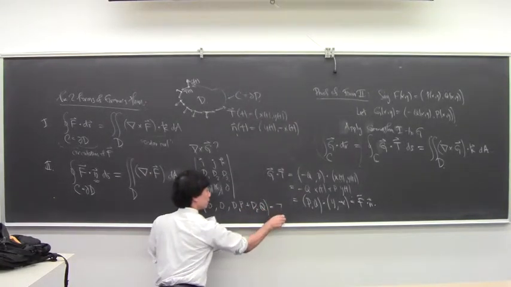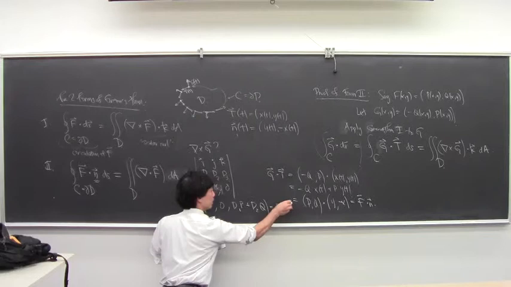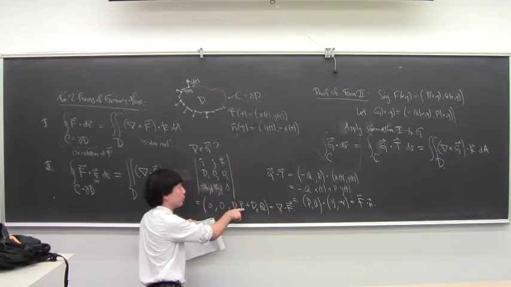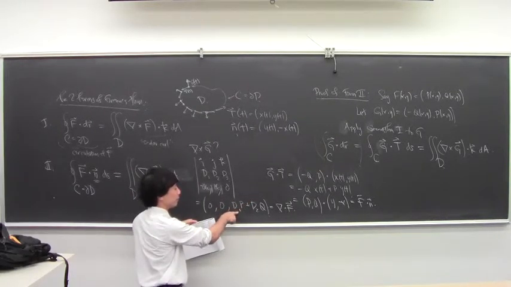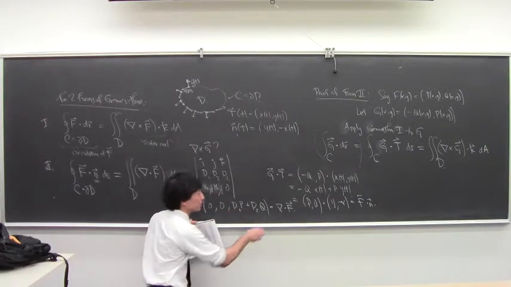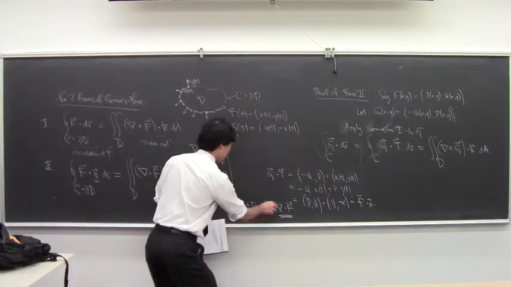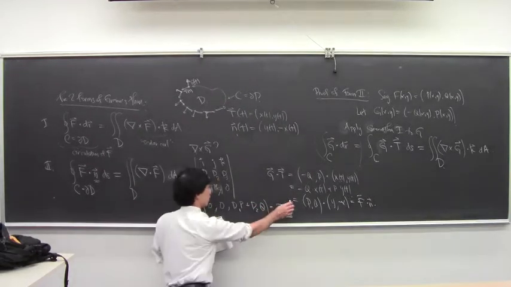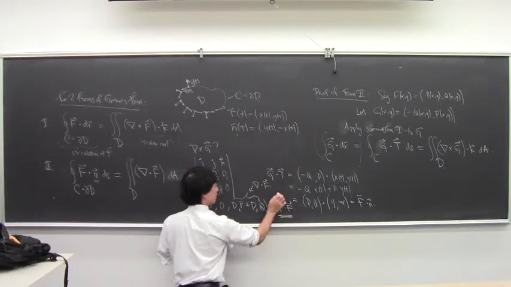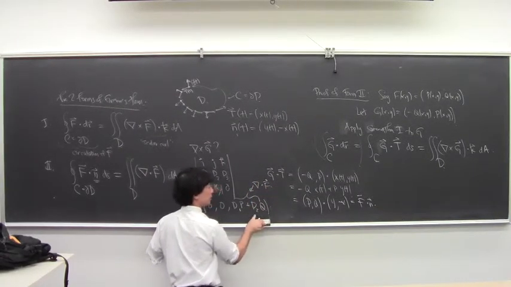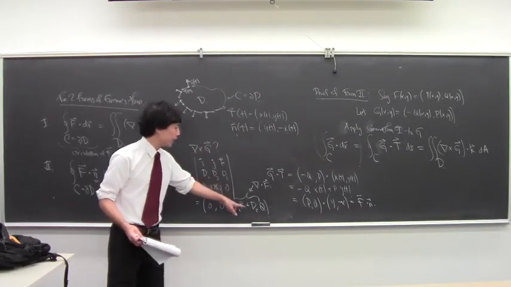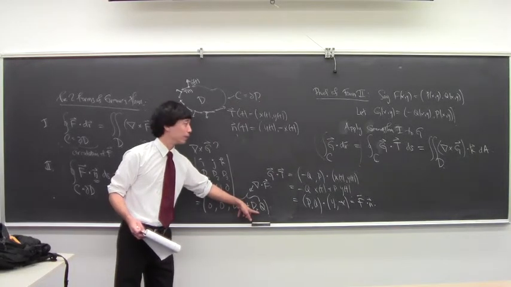That is del dotted against F, the divergence of F, right? You take the partial of the first guy with respect to the first variable plus the partial of the second with respect to the second variable. Remember what divergence is, right? So this last part here is del dot F. And so when you take this thing and dot it against k, you pick off this thing here, which is the divergence.